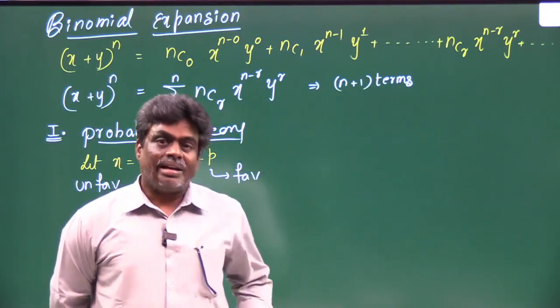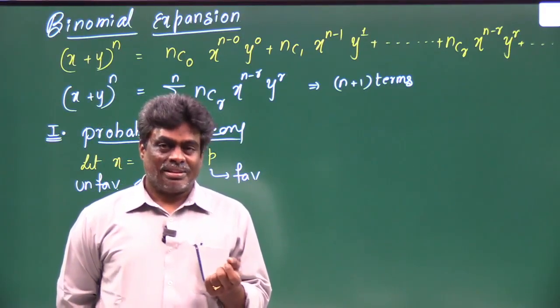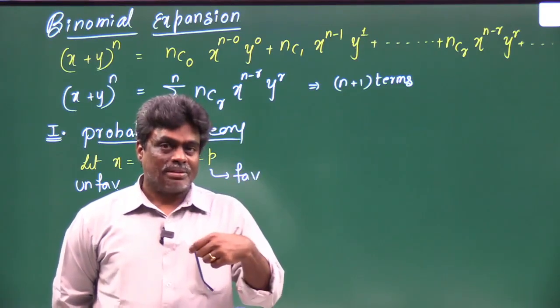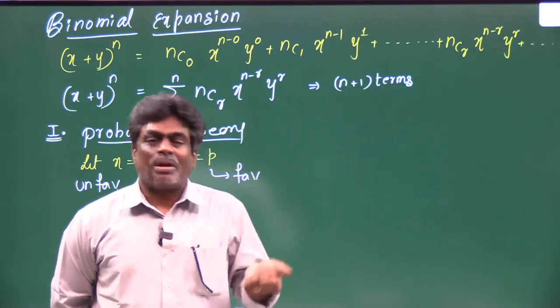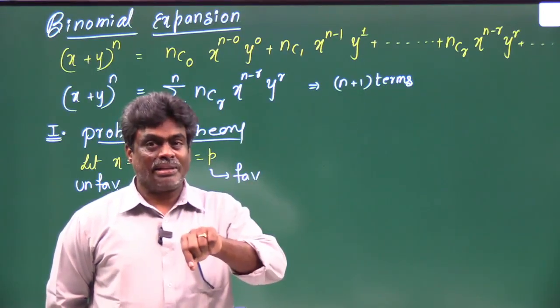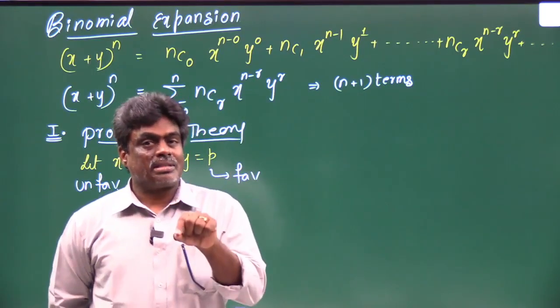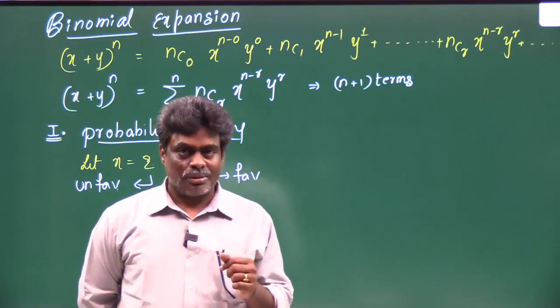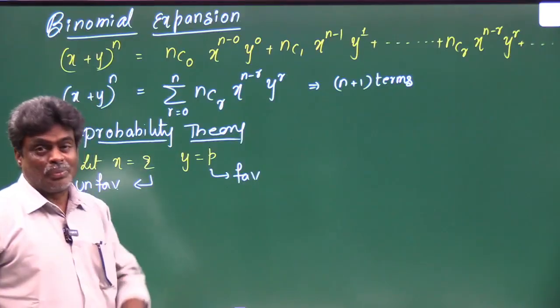Or if you take a dice, p is 1 by 6, that means getting your favorite number is 1 by 6. And what is the unfavorable probability? That is 1 minus 1 by 6, which is equal to 5 by 6. That is q. So definitely p plus q must be equal to 1.